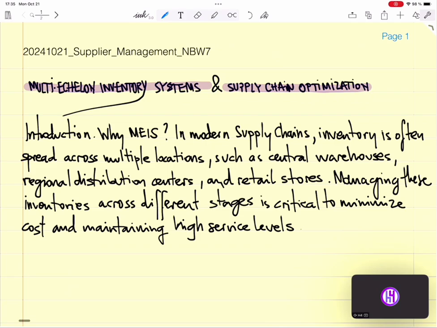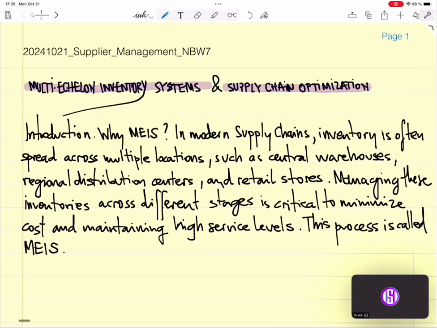Okay, this process is called a multi-echelon inventory system.